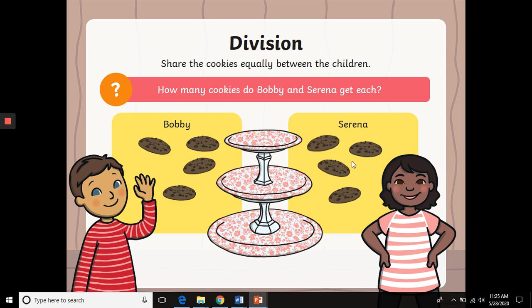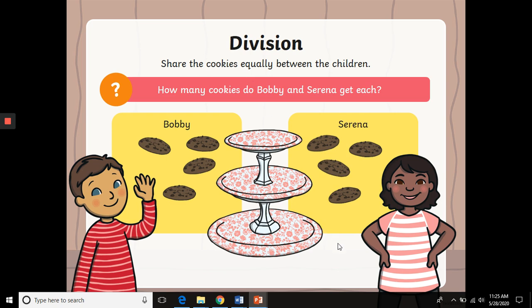So that means they have got it equally, correct? Let's count. Have they really got it equally? 1, 2, 3, 4. Bobby got 4 cookies. 1, 2, 3, 4. And yes, Serena also got 4 cookies. That means they have been shared equally.